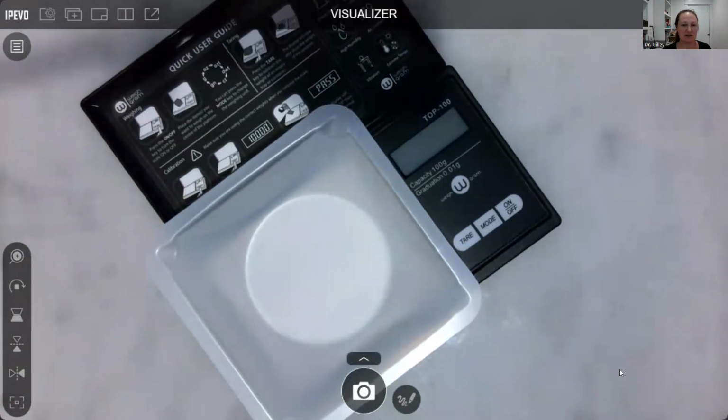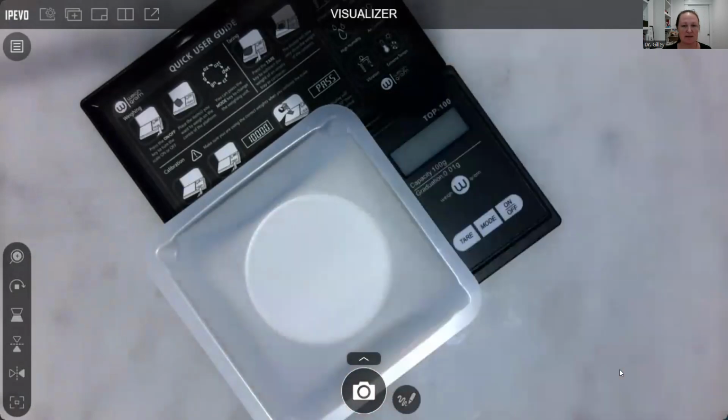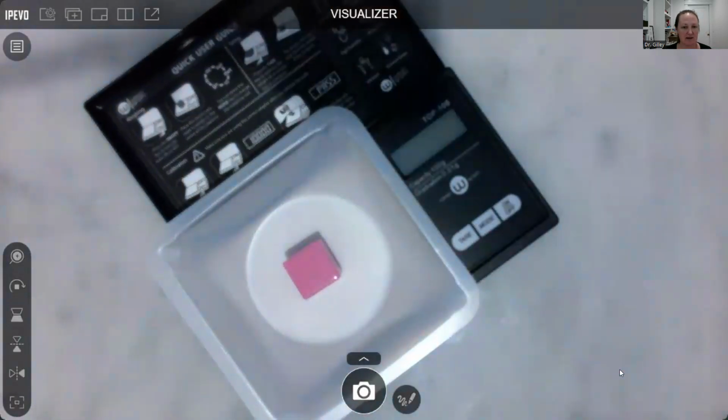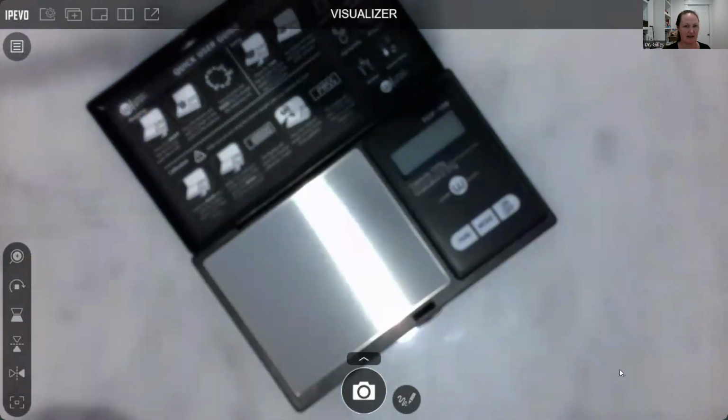But we do this just to protect the scale. So for example, once I press tare, this would read 0.00 grams, right? Then I could measure the mass of my plastic cube, for example. So no matter if you're just weighing a graduated cylinder or something, it's always best to use something to protect the scale.